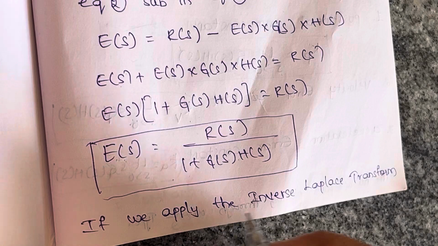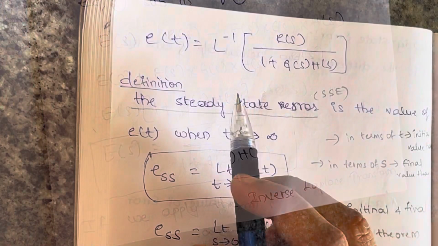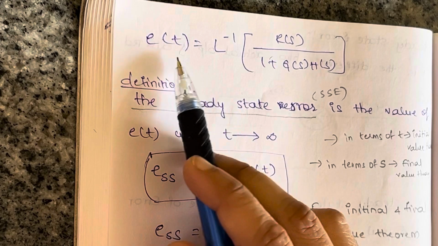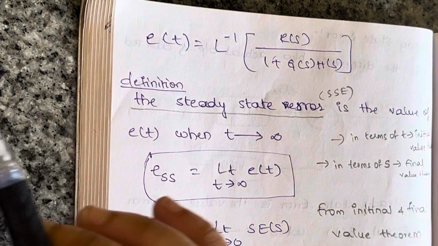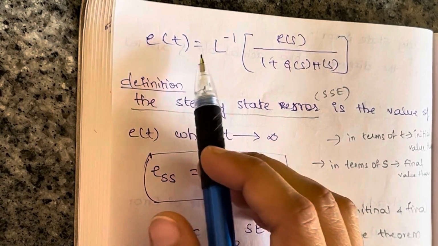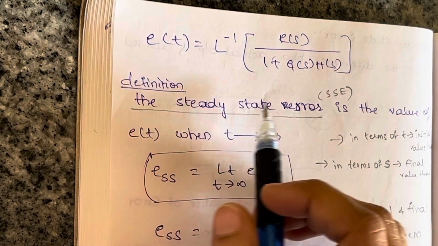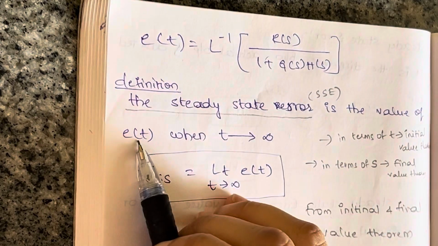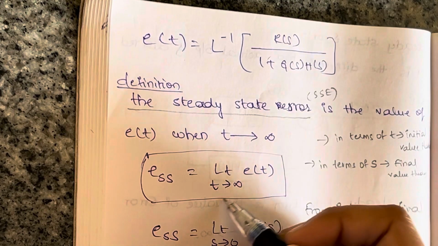Now if we apply the inverse Laplace transform to this equation, the s domain will change into the t domain. E(s) will change into e(t). The steady state error is the value of e(t) when t tends to infinity, as I have already told you.